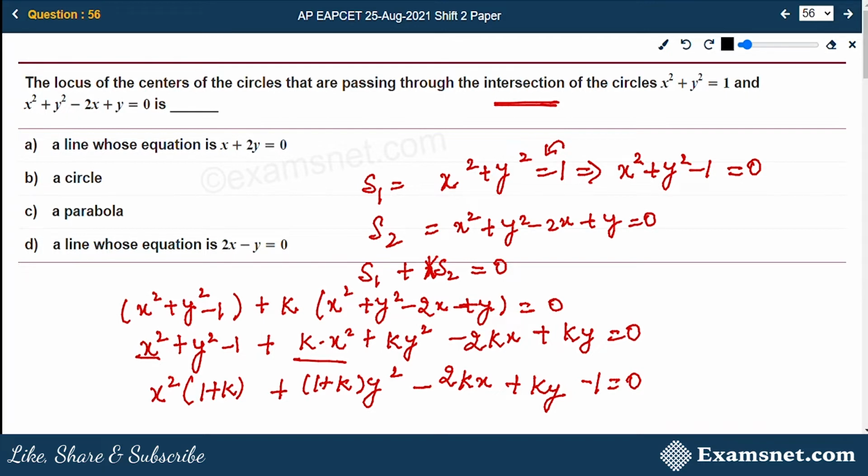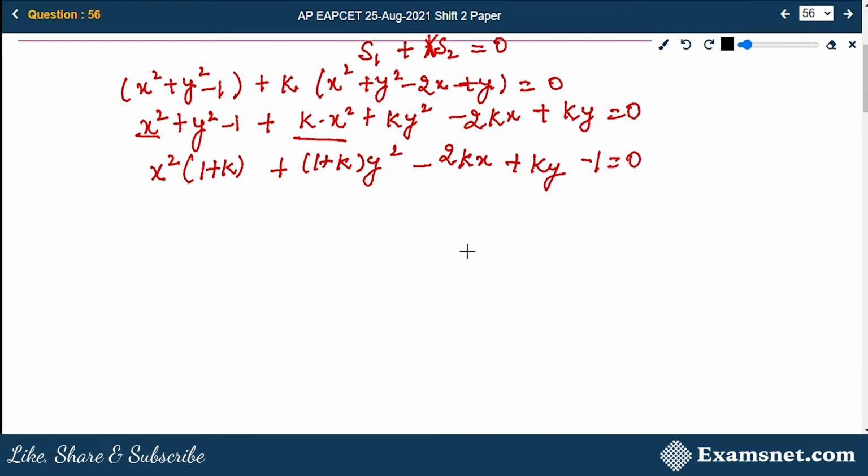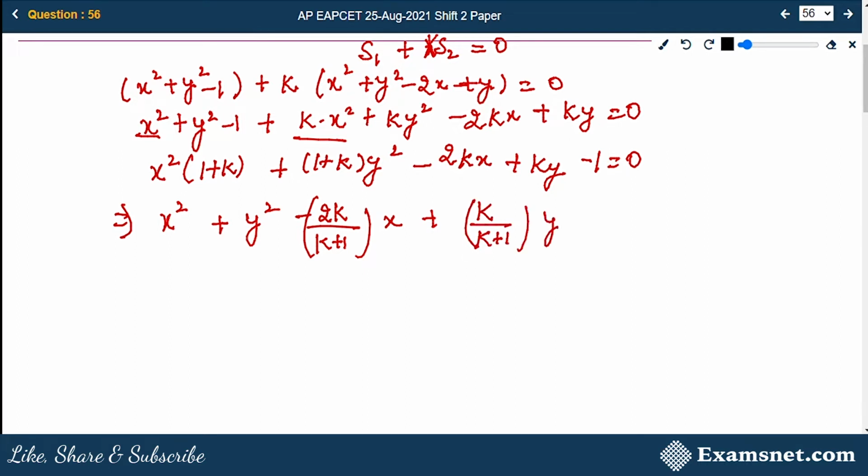Dividing both sides by 1 plus k, you will get x square plus y square minus 2k upon k plus 1 x plus k upon k plus 1 y minus 1 upon k plus 1 is equal to 0.